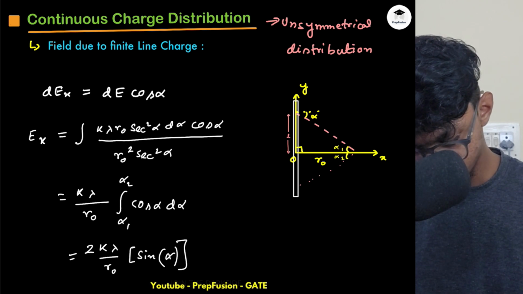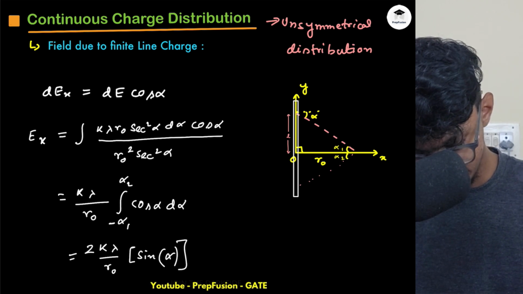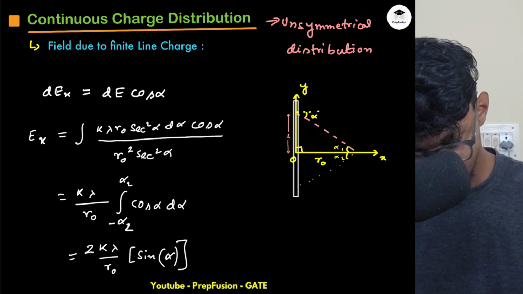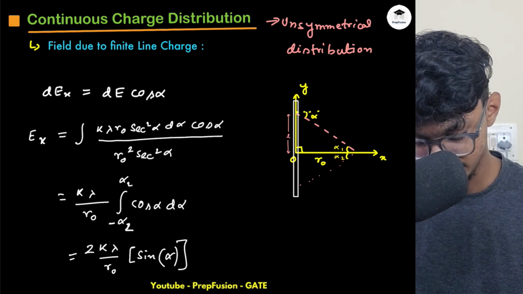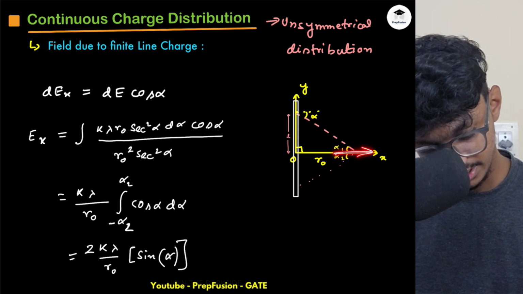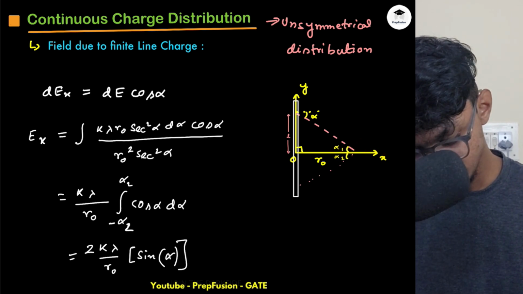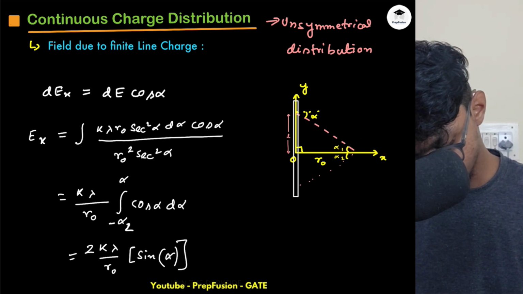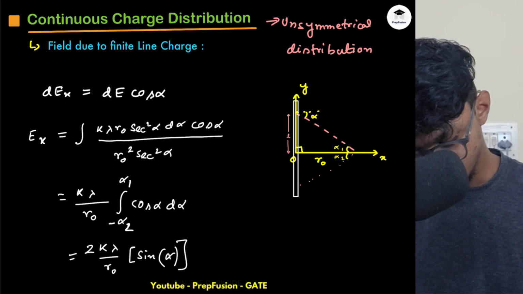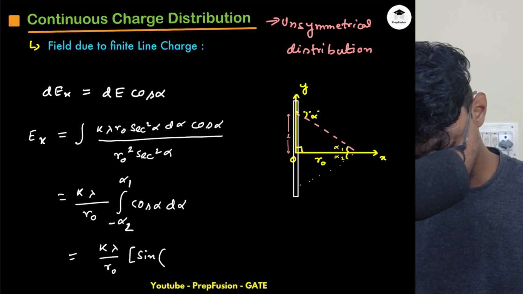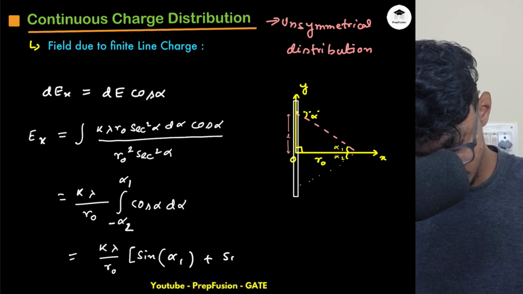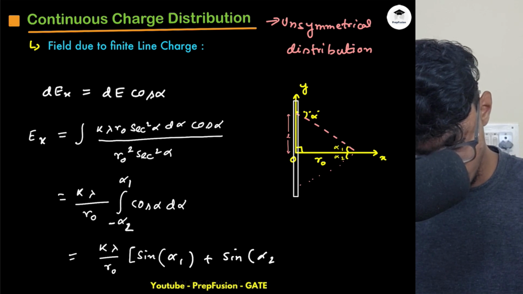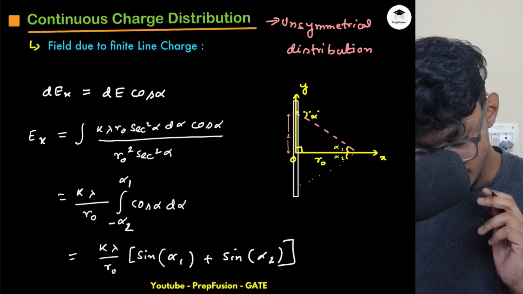Okay, so this will be from minus alpha 2 because it is in the negative direction. Anti-clockwise, whatever direction you choose. I have chosen this as the negative direction. I know finally the electric field direction is in the positive x direction, right? Minus alpha 2 to plus alpha 1. Okay, so this one will actually become sine of alpha 1 plus sine of alpha 2, because minus minus becomes plus. Okay, so this is the x component.